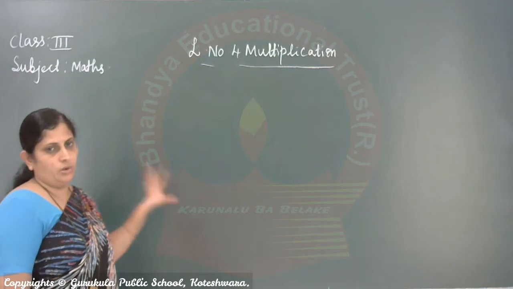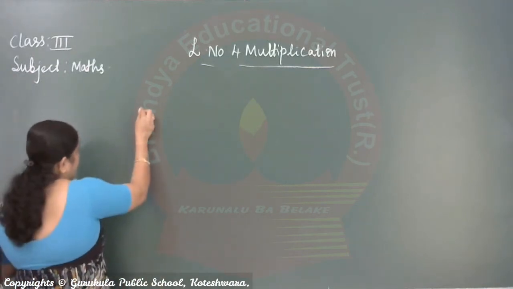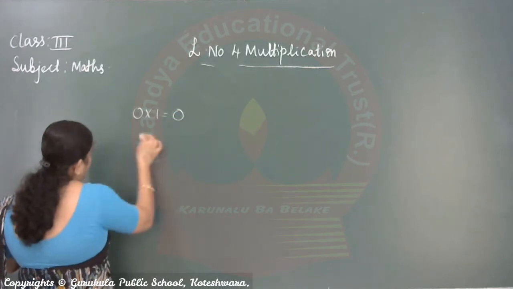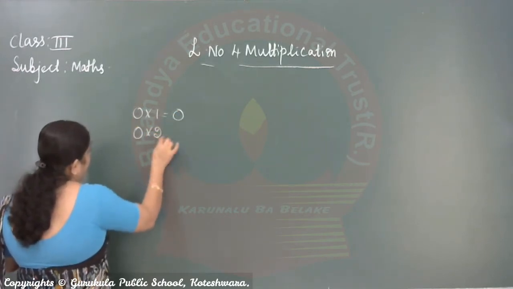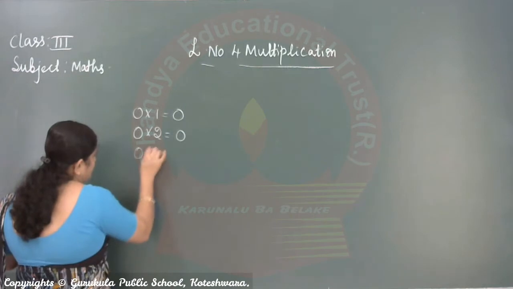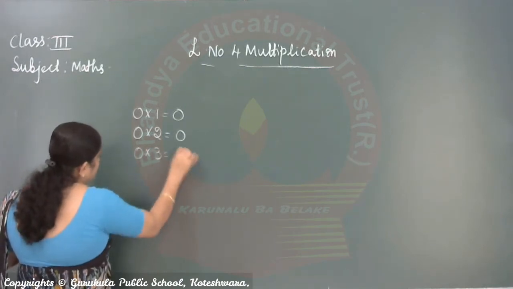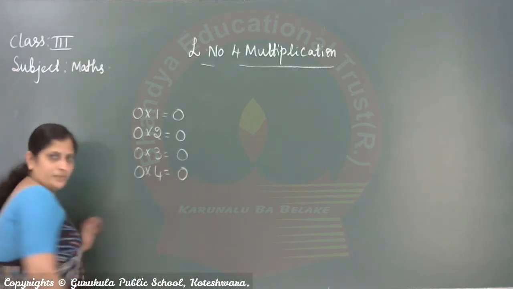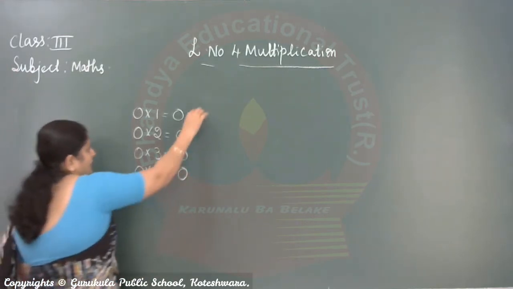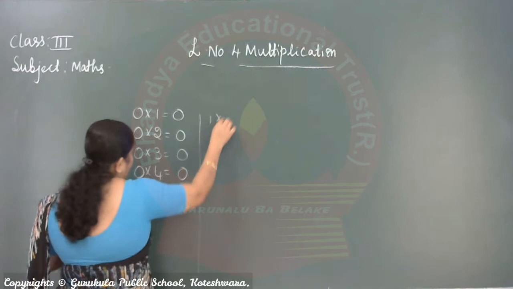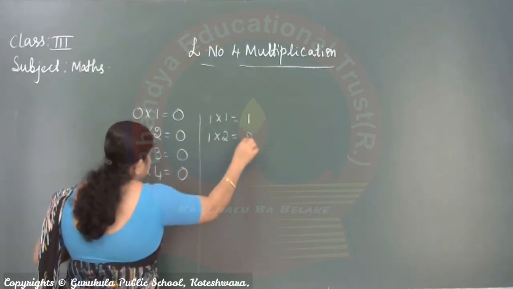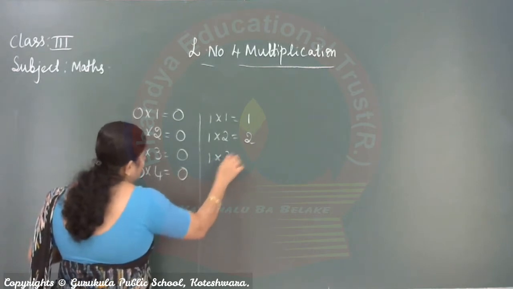You have to write 0 to 15. Start from 0 like this. See? Table of 0: 0 1s are 0, 0 2s are 0, 0 3s are 0, 0 4s are 0, like this. Neatly you have to write. Here 1 1s are 1, 1 2s are 2, 1 3s are 3.